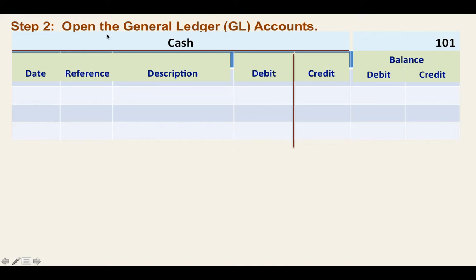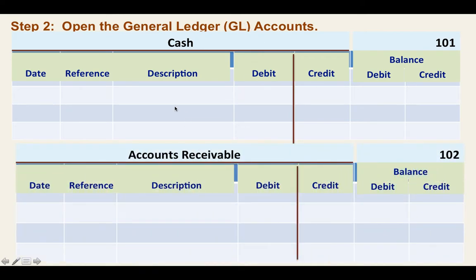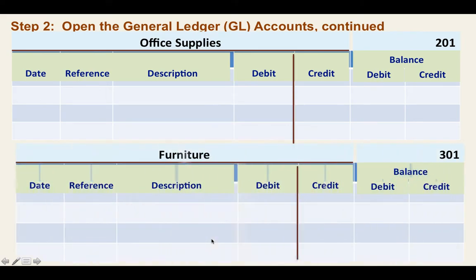So here we will open the general ledger accounts. We will have a record for each account, like cash, accounts receivable, and all other accounts. If you have 200 accounts, then you have to open a record for each account. I will give you some examples here that we need to open.